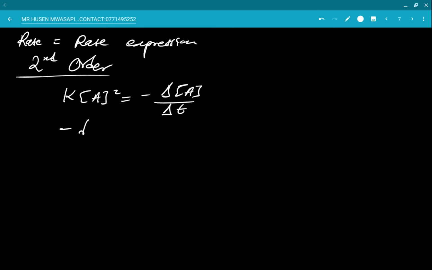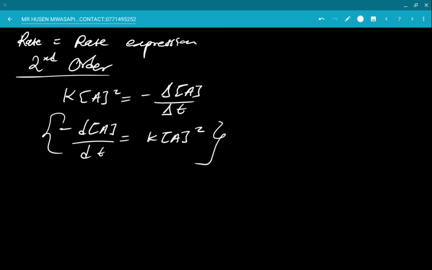This will be minus d[A]/dt being equal to k[A] squared. If we manipulate this and do some cross multiplication, you get 1 over concentration A squared times d[A] being equal to minus k dt.